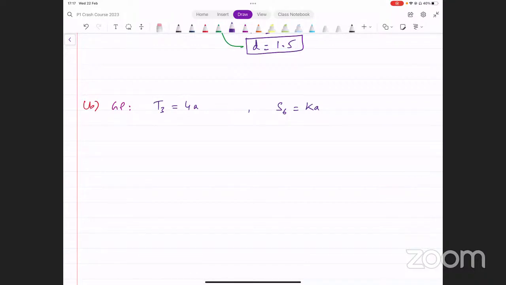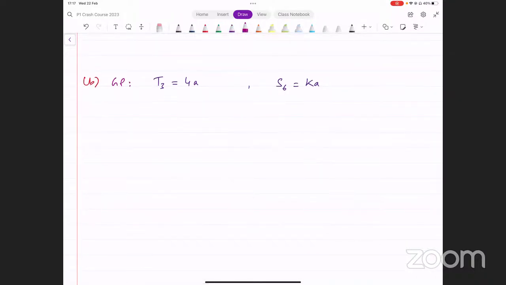We can just use the formulas, the term formula and the sum formula for a GP. The term formula for a GP is AR raised to power n minus 1. And for the sum formula for a GP, that is A into 1 minus R raised to power n divided by 1 minus R. This is what we are given in the formula sheet.